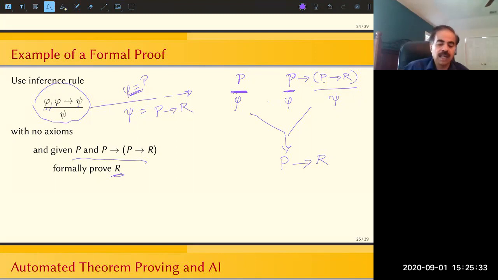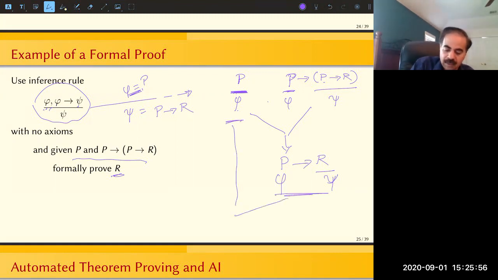Now we can apply the inference rule again, this time with phi equals P and that being psi. By taking these two and applying the inference rule on those, we get psi, which is R. So we wanted to prove R, and we have proved R.